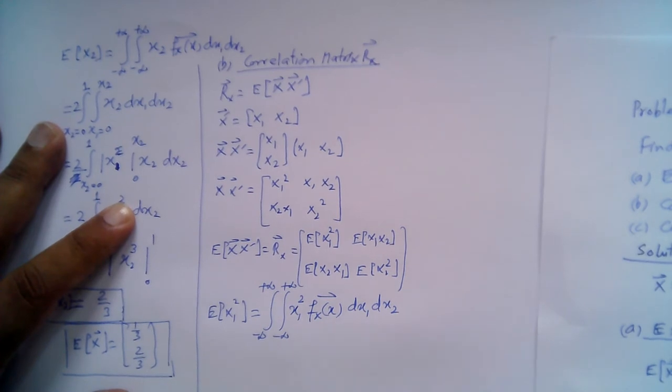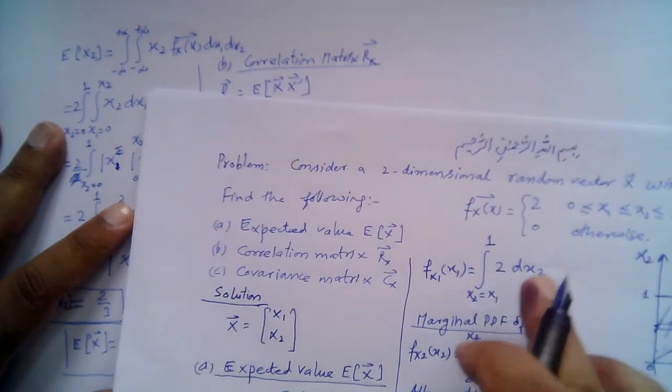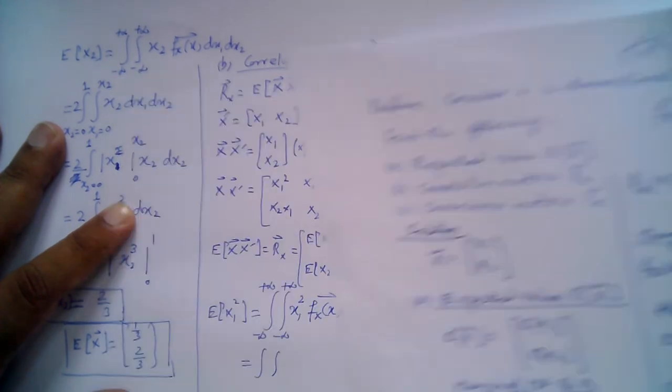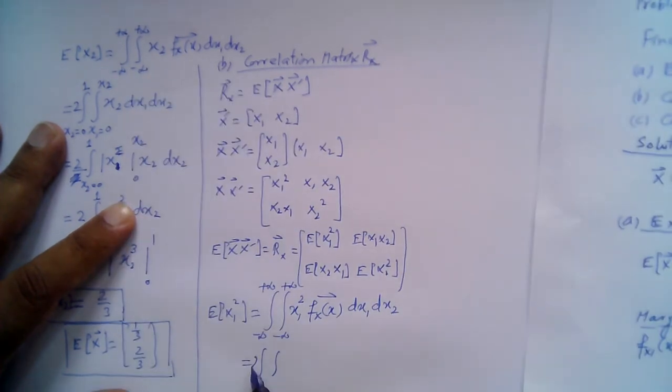So let's put in the values. This is given by x1 square. So fx of x is, as we know, 2, right? 2 is a constant, it can be written outside here. So this is x1 square here, and 2 is already here, dx1 and dx2. We are integrating first with respect to x1.